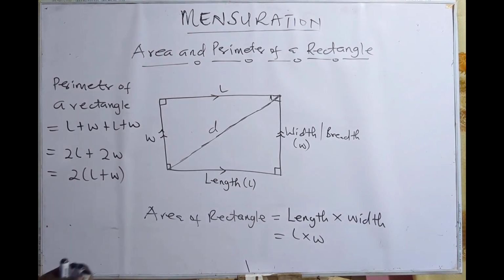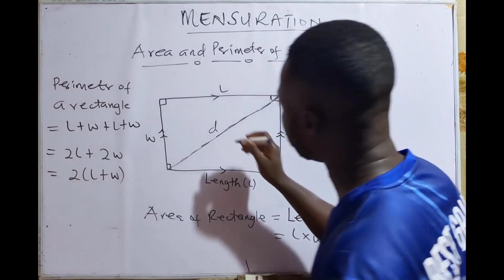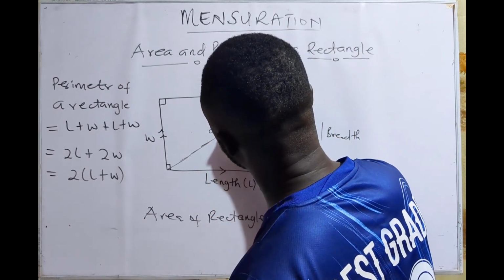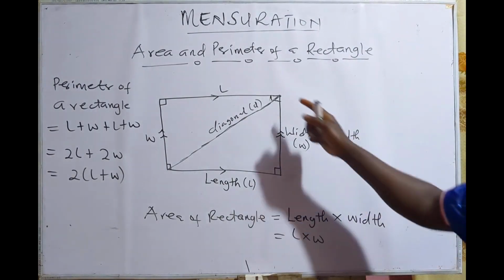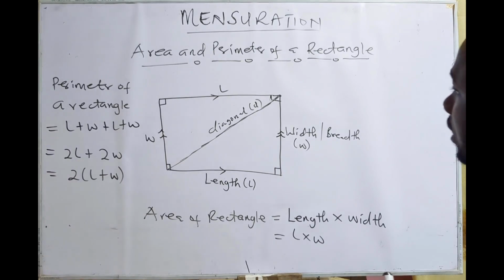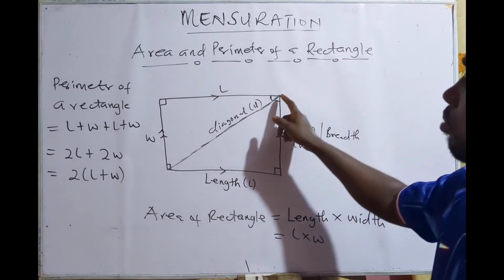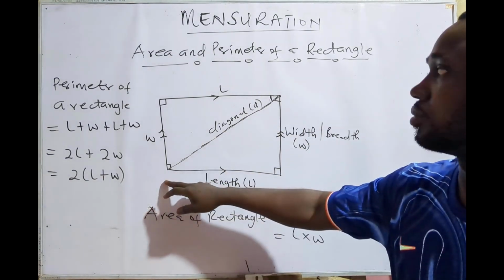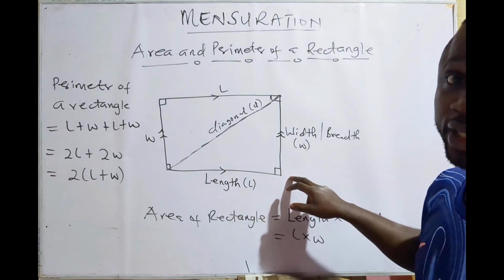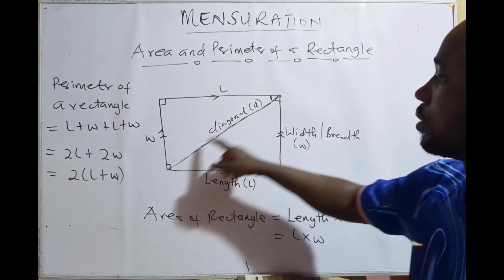When we are asked to find the diagonal of the rectangle, and this is my diagonal D, then if I'm asked to find the length of the diagonal, the moment you have your diagonal, the line from one vertex to the other, it can be from here to here.